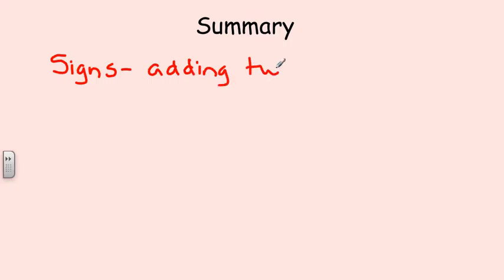All right, in summary, what do we have to know? First of all, you have to look at a few things. You need to look at the signs. And you need to make sure that they are adding two or more integers. Okay, look at the signs when you're adding two or more integers.